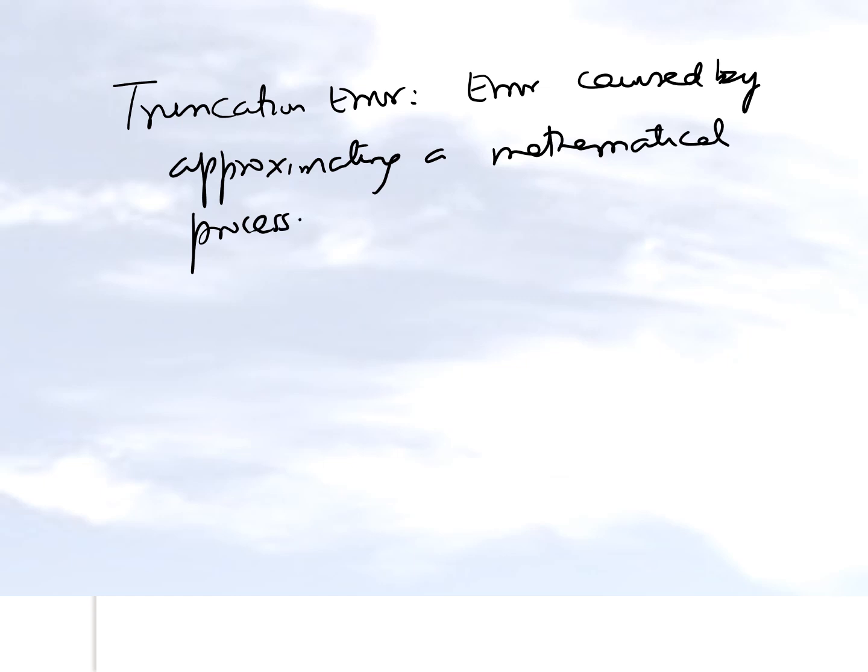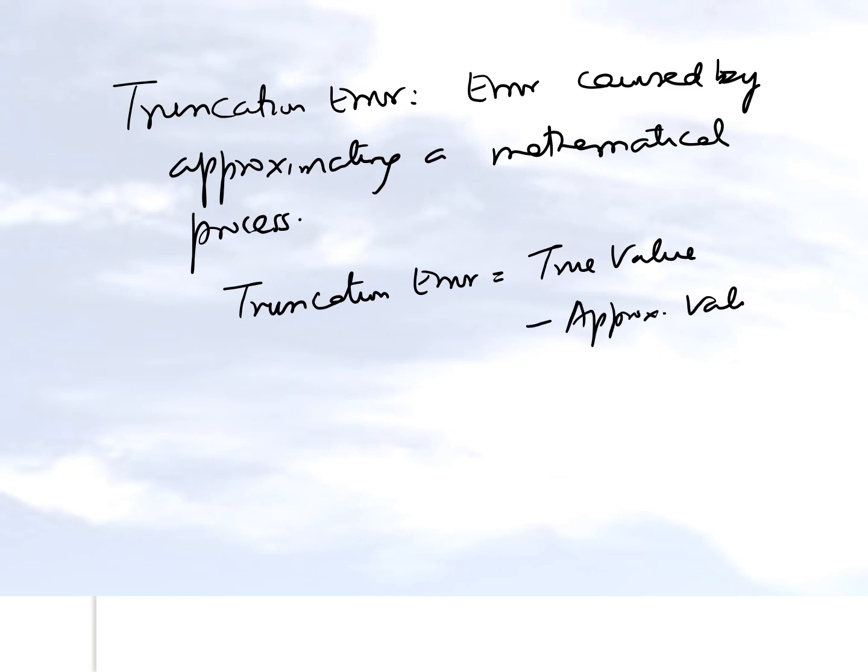What this means is that if we want to calculate the truncation error, it will be simply equal to the true value or the exact value minus the approximate value which we get by approximating a mathematical process. So let's look at a few examples here, and I think that will make it clear where the truncation error is coming from.